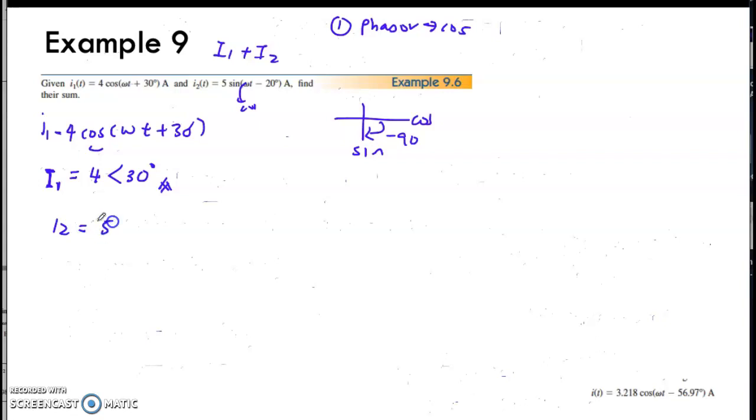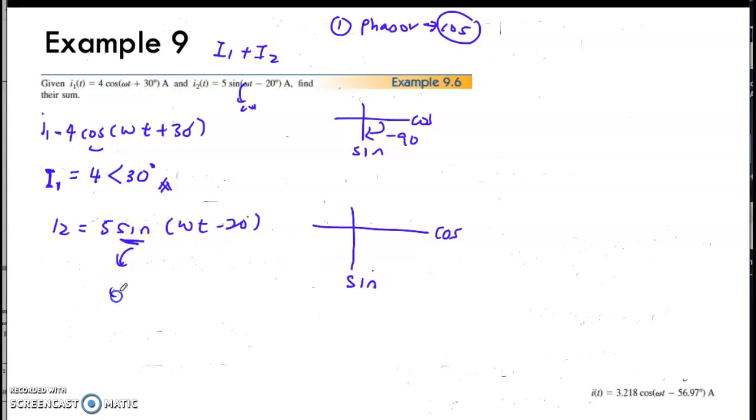So I2 is equal to 5 sine omega t minus 20. Now look here. This is sine. In order to change to phasor, it needs to be cosine. So let's change it to cosine. Here is cos, here is sine. You are given a sine, you need to change to cos. So what does that mean?